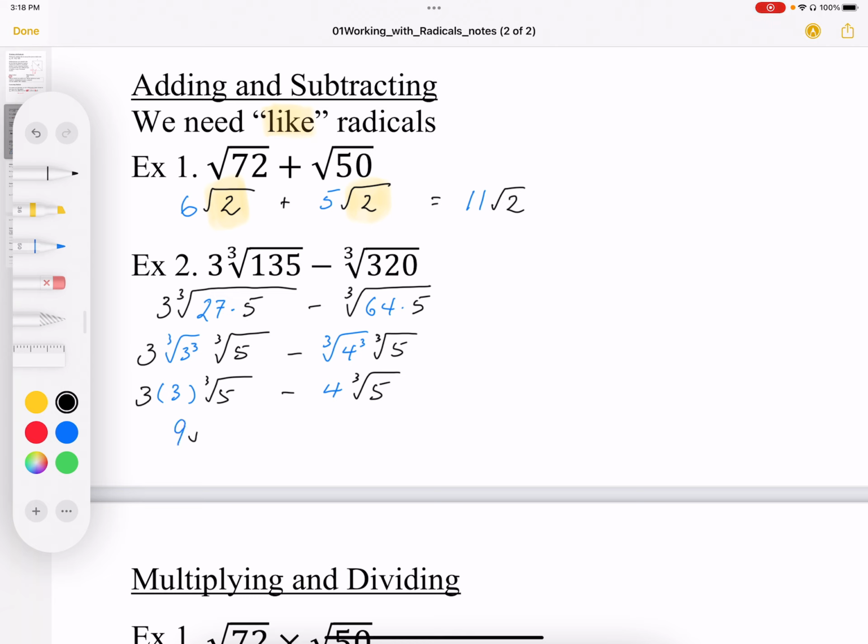We have 9 cube root 5's here, and we're taking away 4 of the same thing, cube root 5. So we have 9 of something, and we're taking away 4 of the same thing. We're going to be left with 5 of whatever we're counting, and that becomes 5 cube root 5. So we have 5 cube root 5's is going to be equal to that original expression.